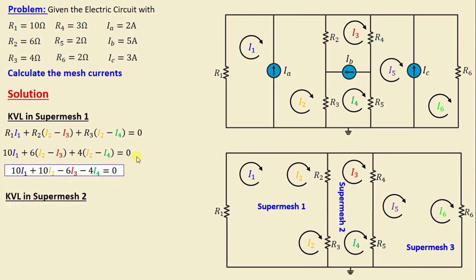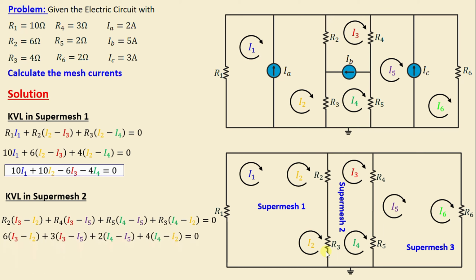By applying KVL in Supermesh 2, we can write R2(I3 minus I2) plus R4(I3 minus I5) plus R5(I4 minus I5) plus R3(I4 minus I2) is equal to 0.